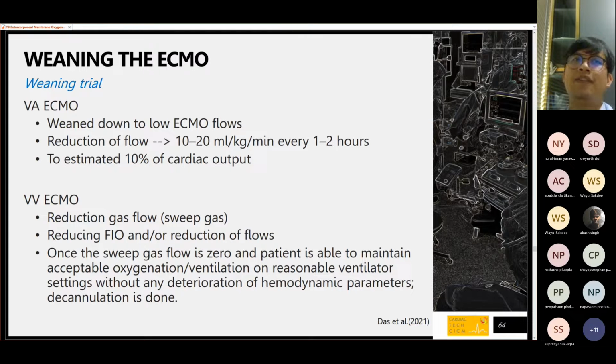So after the sweep gas flow is 0, if the patient maintains oxygenation on an acceptable ventilator setting, we can do the decannulation in the further step, right?